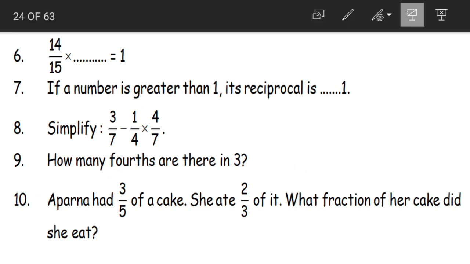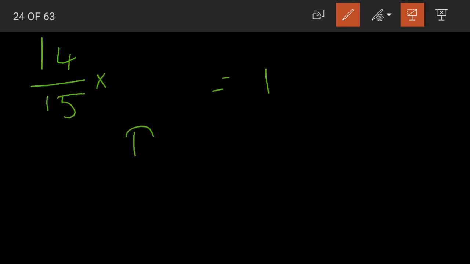Now see, we have learnt about this in our previous classes. When we multiply any number with a certain number, what was the fraction here? 14 by 15. Yes, 14 by 15 multiplied by dash is equal to 1. That means here we need to find out the multiplicative inverse.